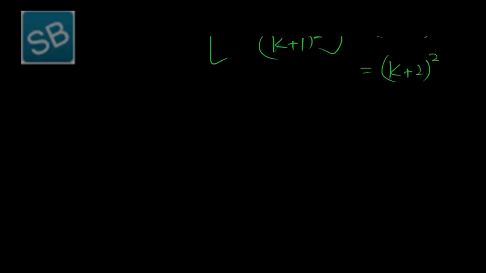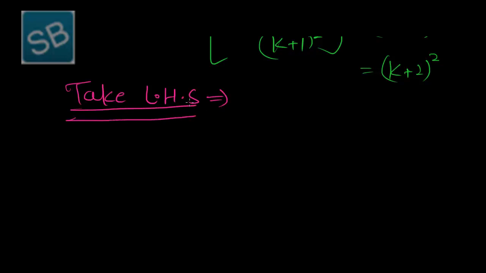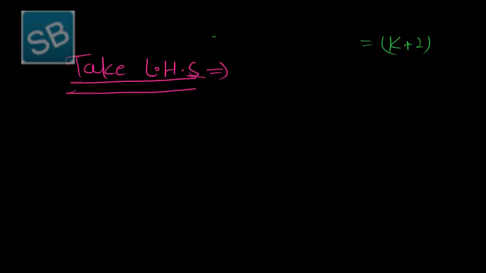So here we will take the left hand side. Do it carefully because a little mistake will turn the question wrong and you will get 0 marks in the exam.